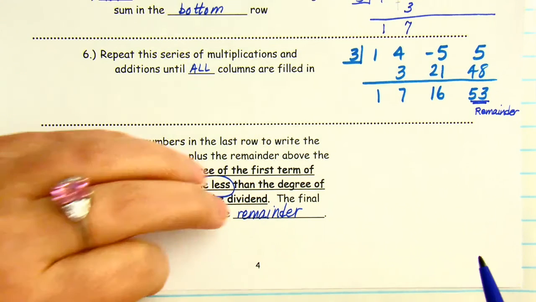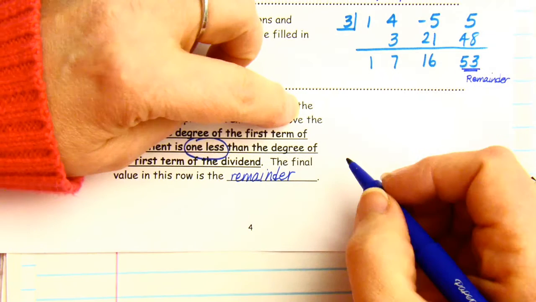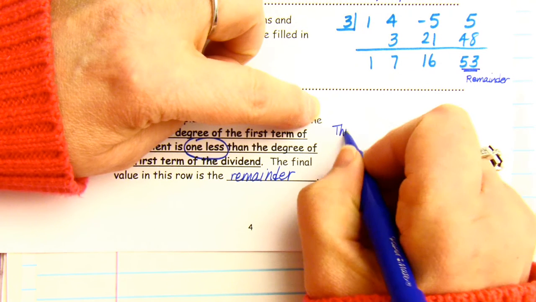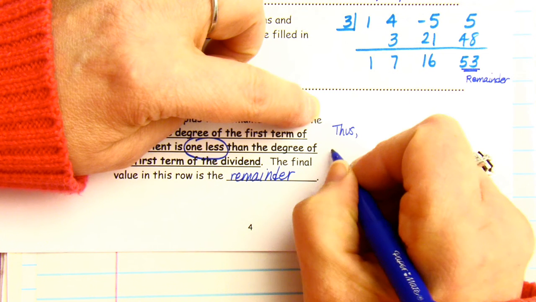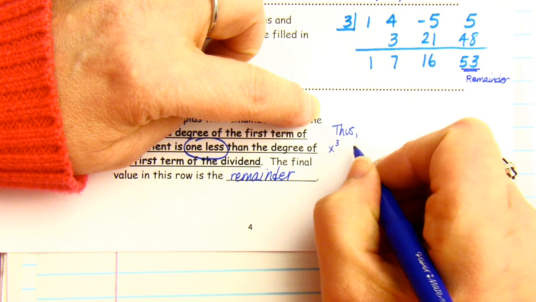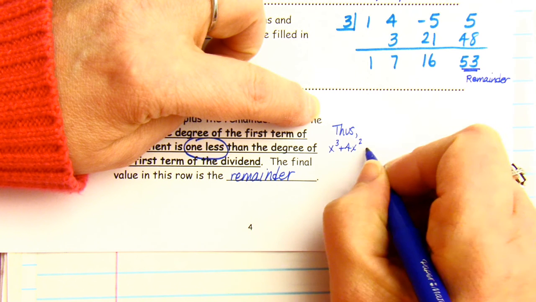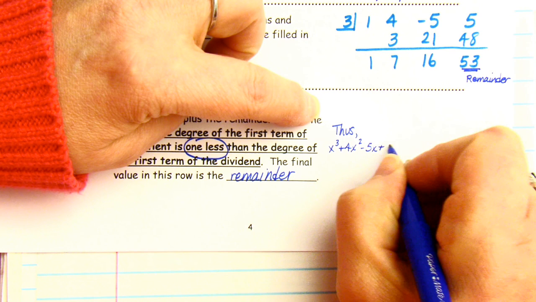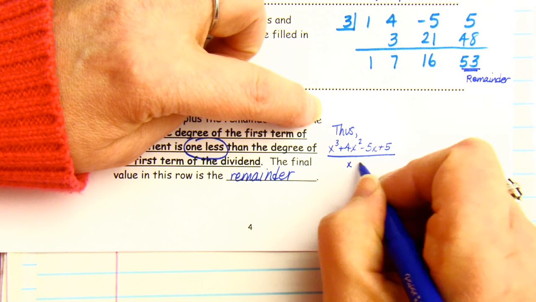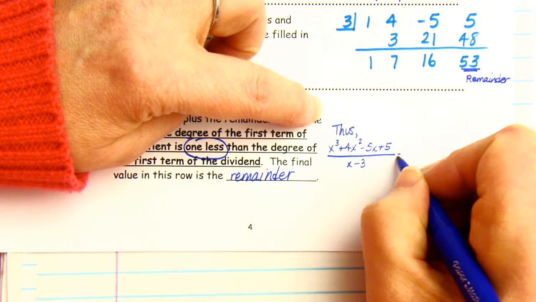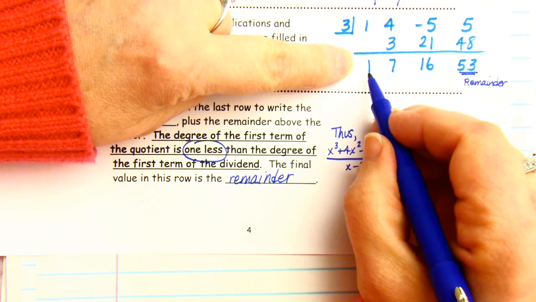So we're going to take a little bit of space. I guess I'll write it here. Thus, x to the power of 3 plus 4x squared minus 5x plus 5 divided by x minus 3 is equal to 1x squared.